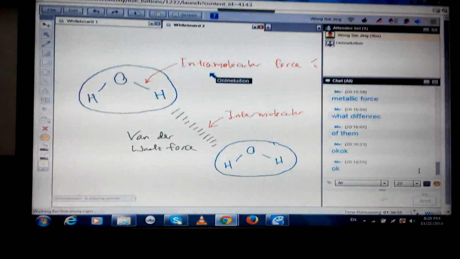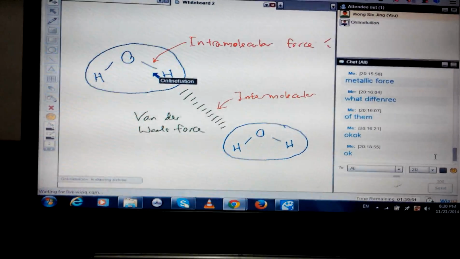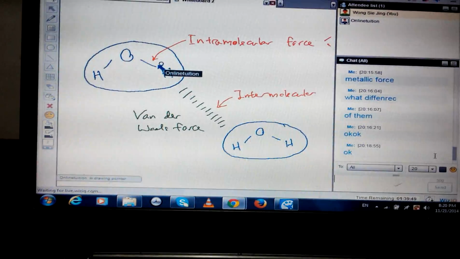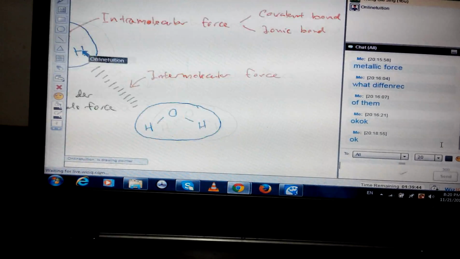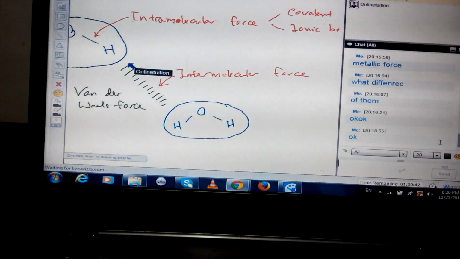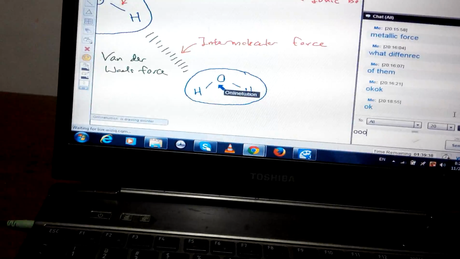So what is intramolecular? Intramolecular force is the force inside the molecule. It's the chemical bond, actually. And intermolecular force is the force in between molecules.